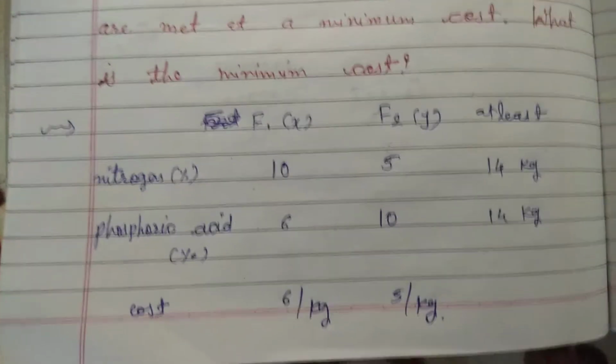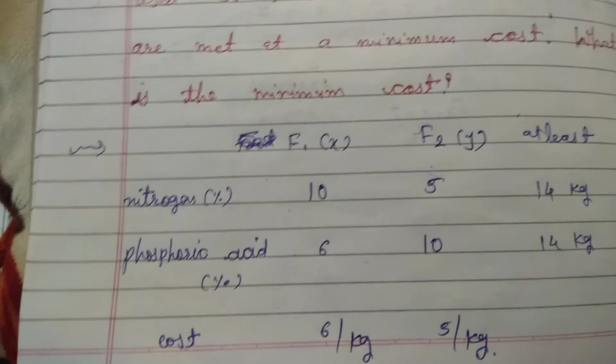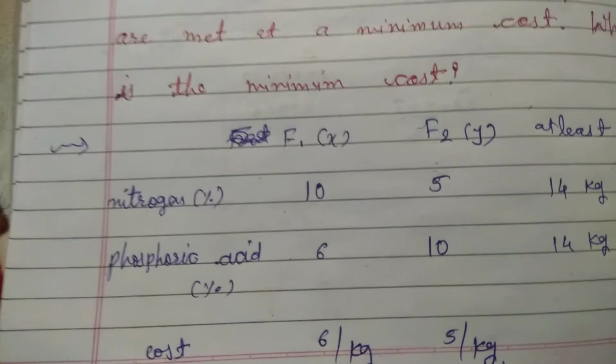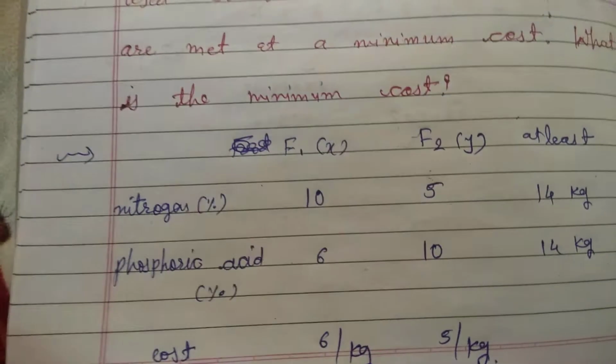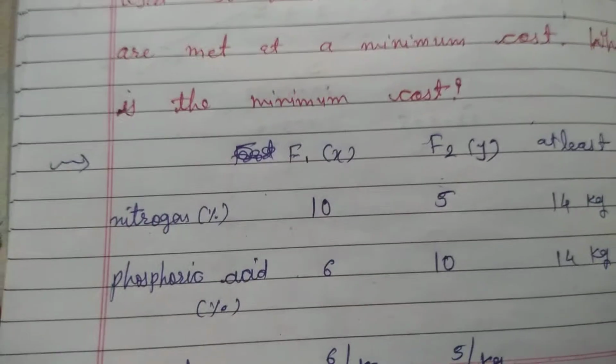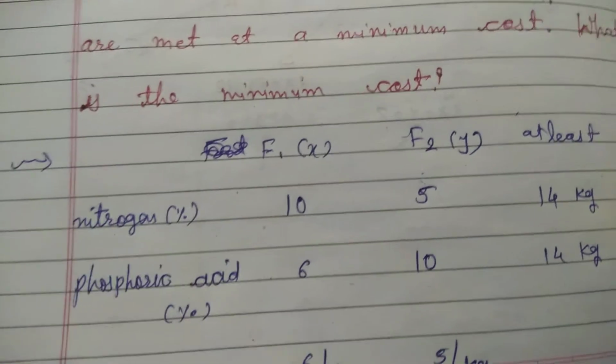So now let us make the table from it. First, the quantities of nitrogen and phosphoric acid are given in percentages. Let x and y be the number of kgs of the fertilizers F1 and F2.